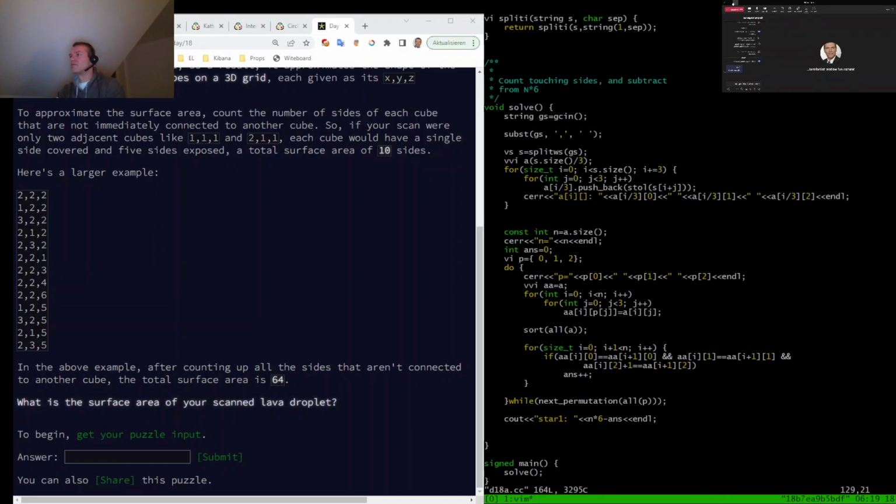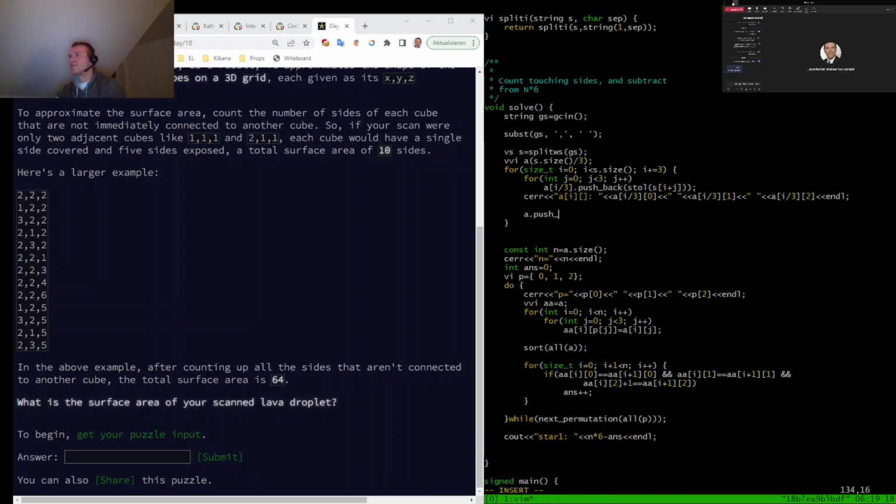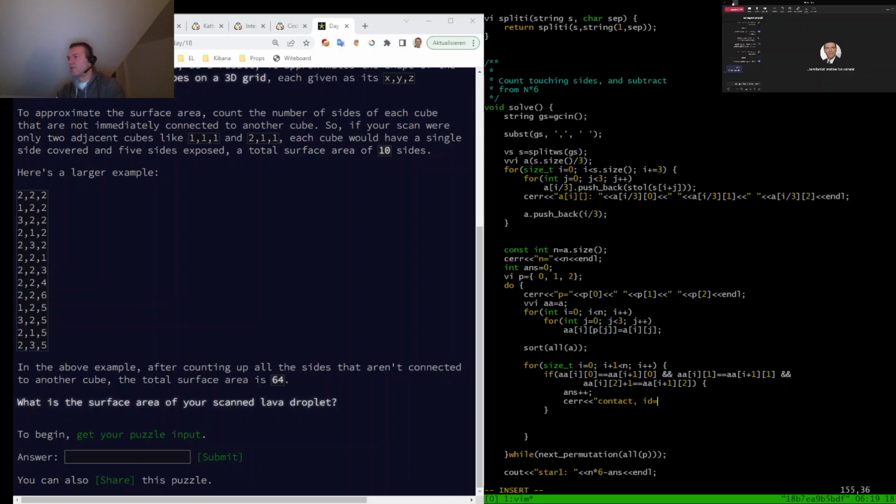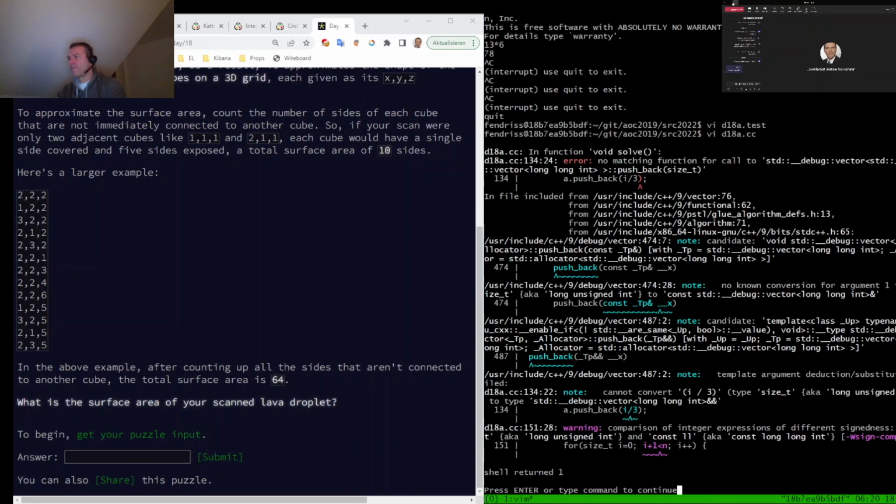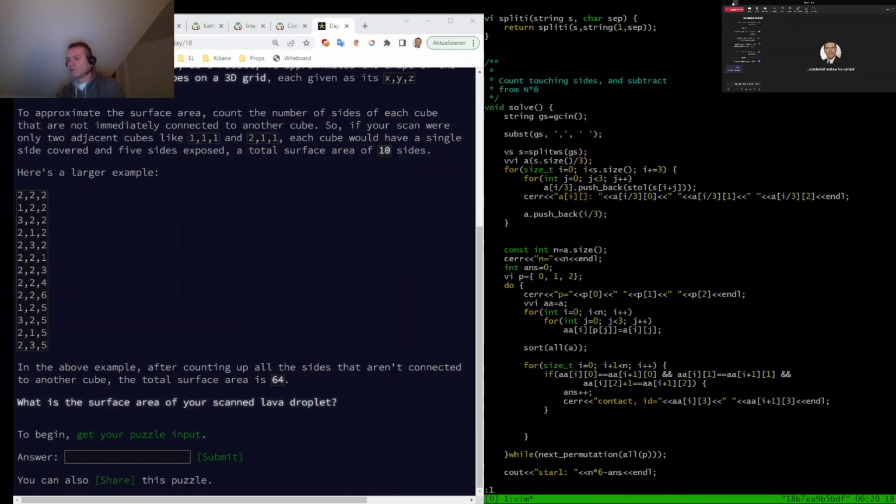Let's push back the ID of this thing into the last row. Third and push back.